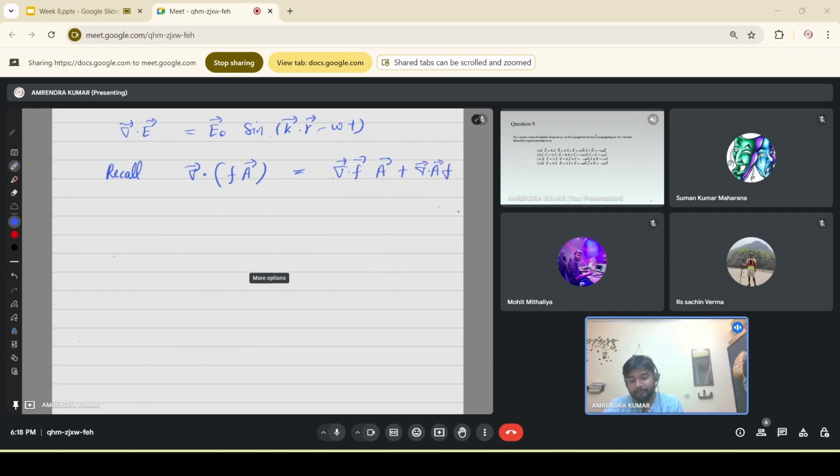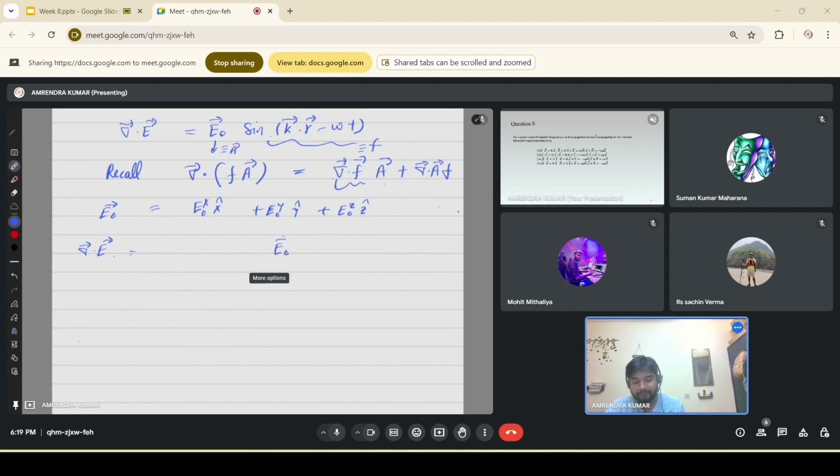So if this is the formula, you can see this is the function f, and this is the vector A. So if E naught has some components, E naught x x cap plus E naught y y cap plus E naught z z cap, then the divergence del dot E will be, first you take the divergence of this function and multiply the vector.